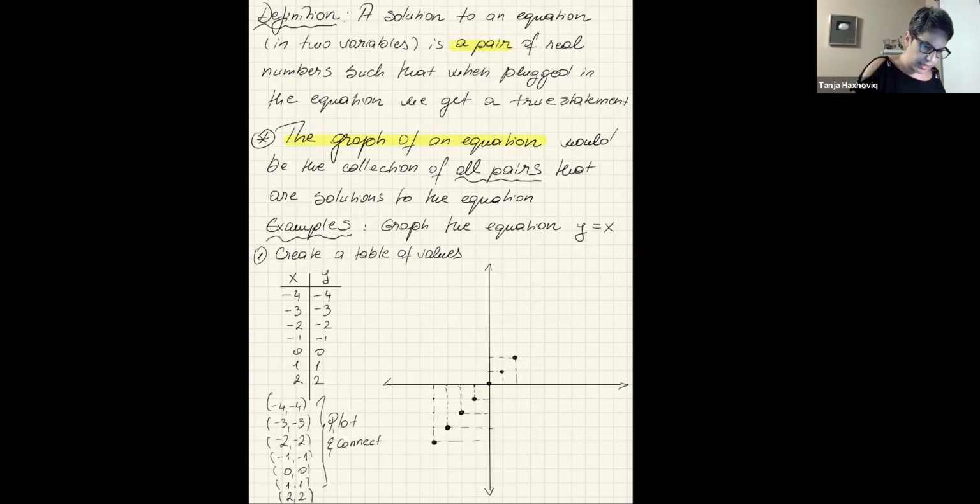So if you were to connect all the points, you'll see that the graph looks like this very straight line passing through the origin. Of course, you're going to have to indicate the arrows here because the line will continue to infinity in both directions.